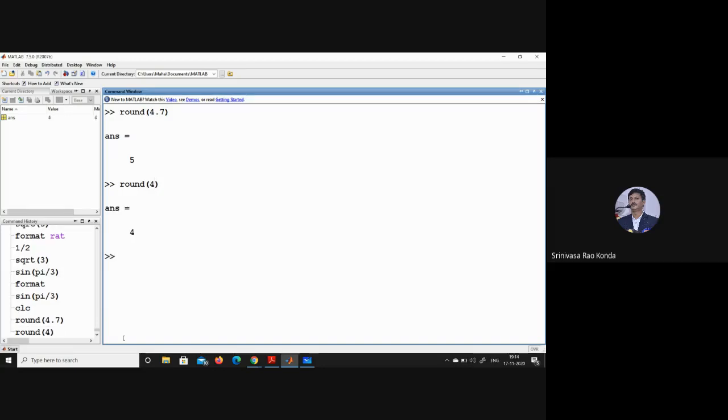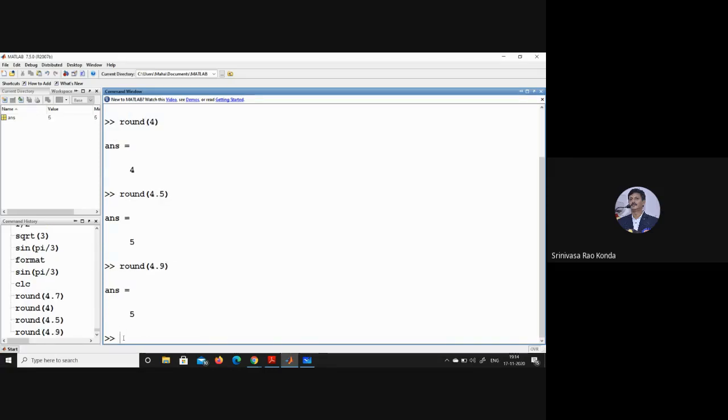If it is an integer, it displays an integer. If it is a rational or irrational number, suppose 4.5, 4.9, it gives 5. 4.4, 4.49, it displays 4.